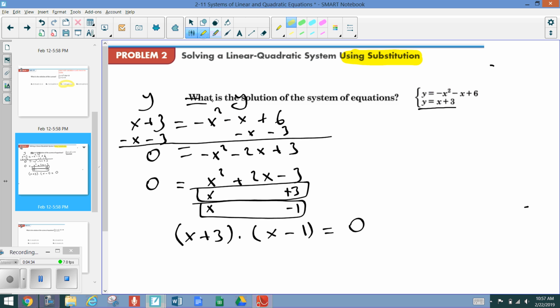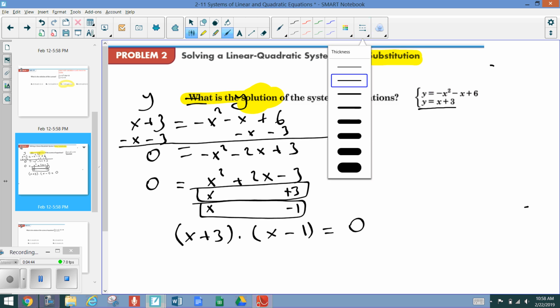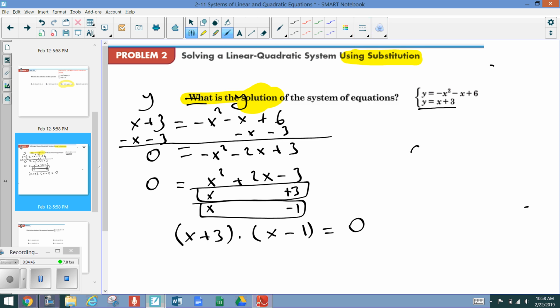The question is, what is the solution? Solution means, what is x? We're going to find that. Let's continue. Remember that we have two numbers, a times b. The result is 0. What are the conditions?